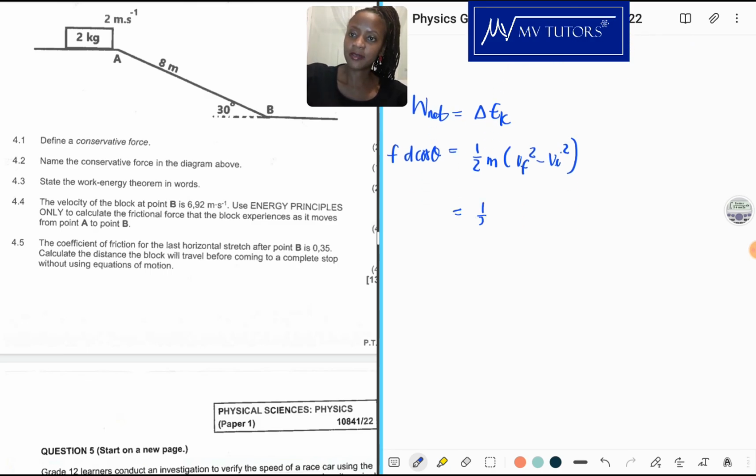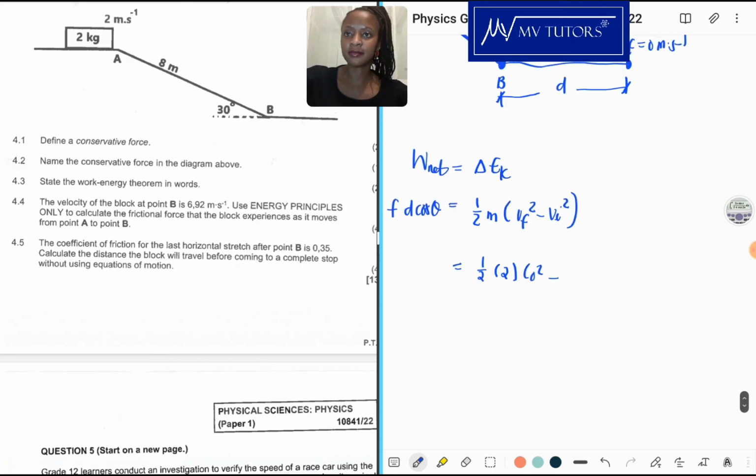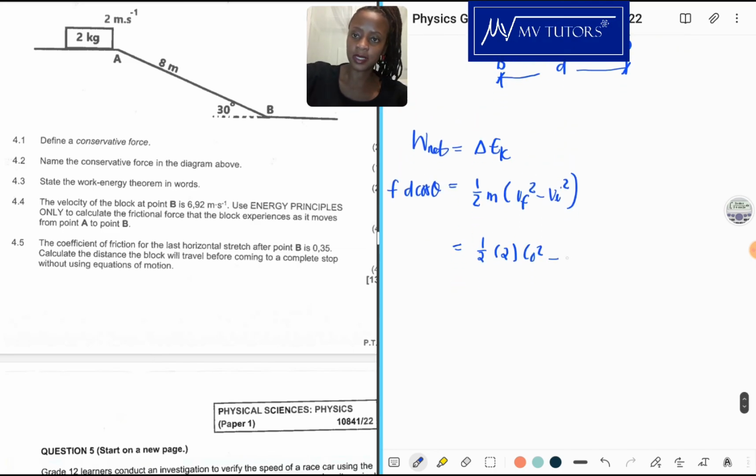Okay, so we have half, the mass is still 2, the final velocity is 0, and the initial velocity is 6,92 squared. Okay, and then this side, should have given myself a bit of space, but our force, so D is our only unknown.